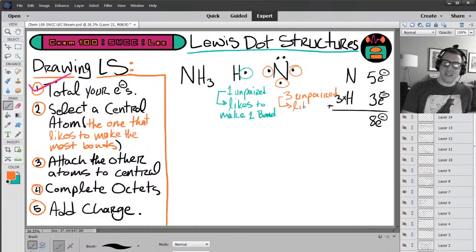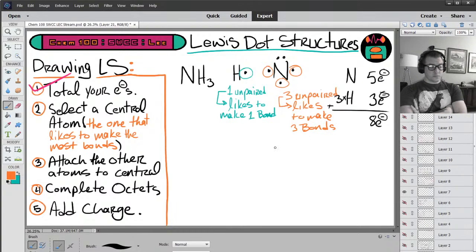That means it likes to make 3 bonds. All right. And that's what this means. By the way, this part right here: when you're picking your central atom, pick the one that likes to make the most bonds.